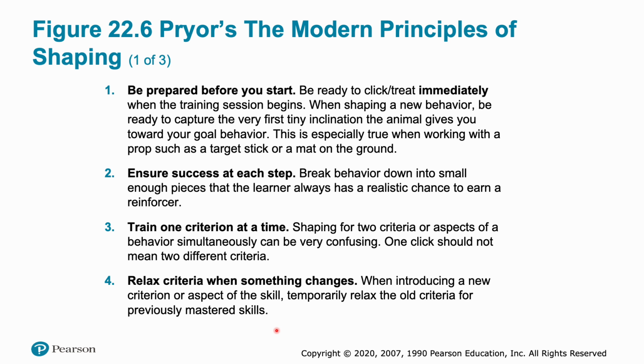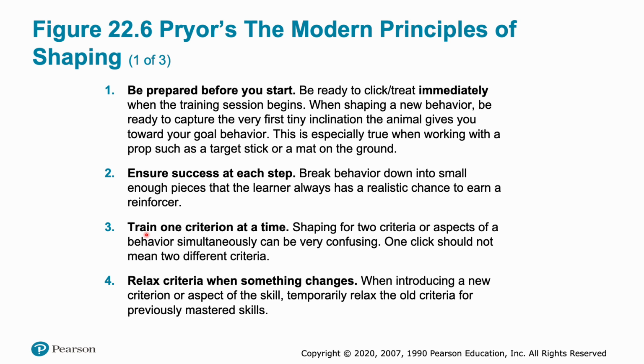And if I would have looked at this skill from the beginning, right, from when I first started working with this learner and I assessed their skills, I always knew that I wanted them to be able to complete a whole entire worksheet, and that I also wanted them to work without me sitting next to them. But as you see in number 3, I needed to focus on training one criterion at a time. I knew I wanted to modify the distance, and I wanted to shape up the amount of work that they can tolerate.